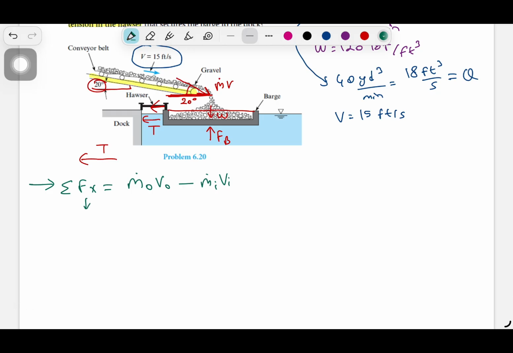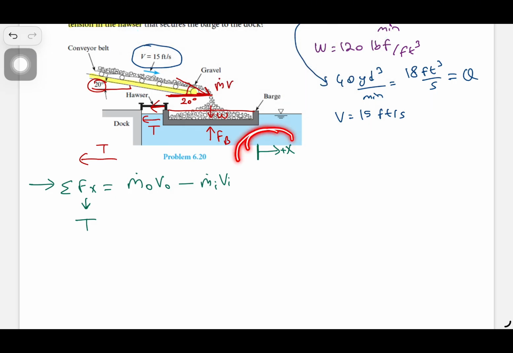And here we refer to tension as force. And let's say x is from left to right. So this is positive x. So again, as I mentioned in previous questions, this is just an assumption. It will just change signs and nothing will matter at the end. So we have minus T because it is coming from right to left.